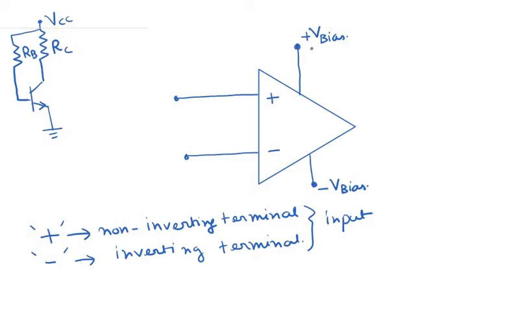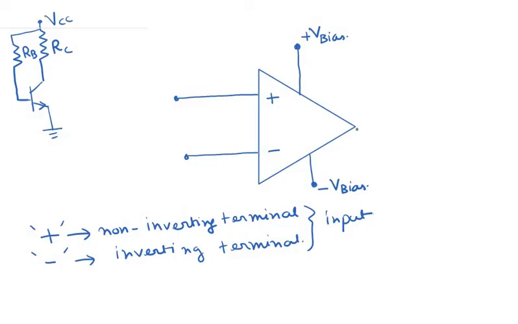Okay, in a similar way, this plus V bias and this minus V bias here are basically biasing voltages that are used to make the op amp functional, or to take the transistors inside the op amp to the forward active mode. So these are the biasing voltages, and we have one ground terminal which needs to be connected to the ground, but generally this ground terminal is not shown in this block diagram.